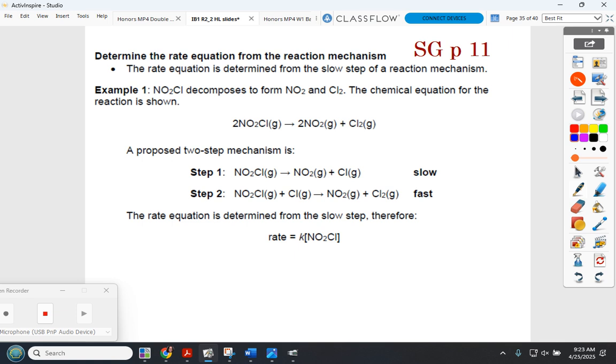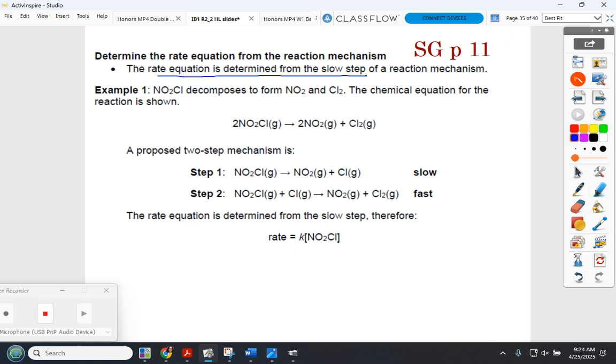The whole point here is that you're not using the whole equation, you're using just the slow step. Because that's the rate determining step, that's the step that goes into the rate equation. The fast step has nothing to do with the rate of the reaction, it's just going to go either right away or as soon as the slow reaction finishes.